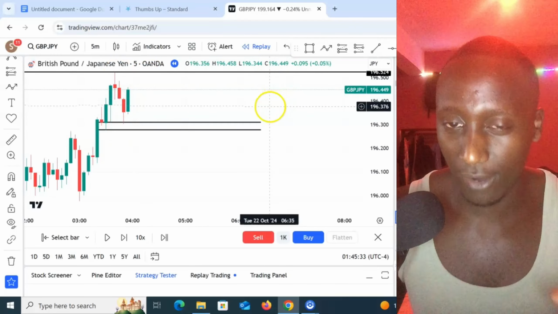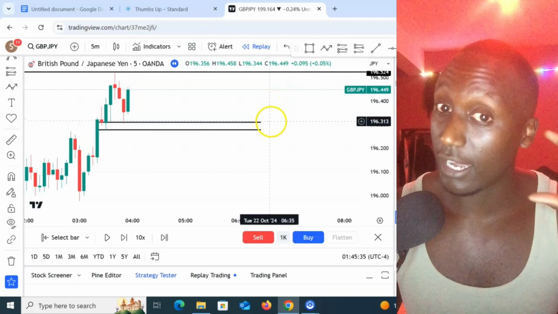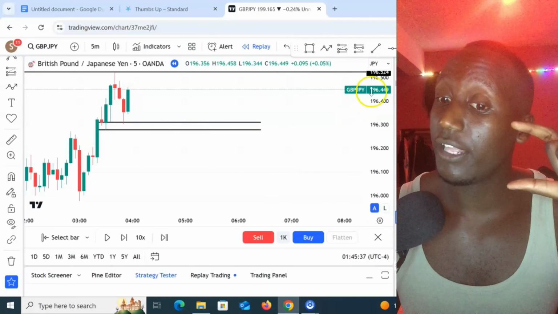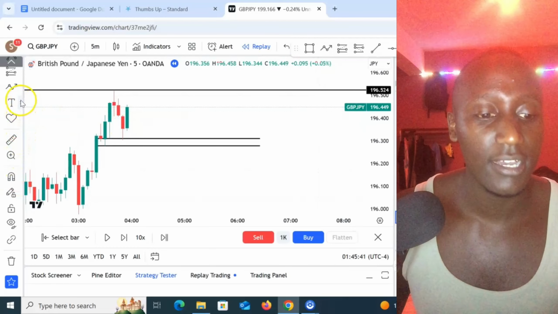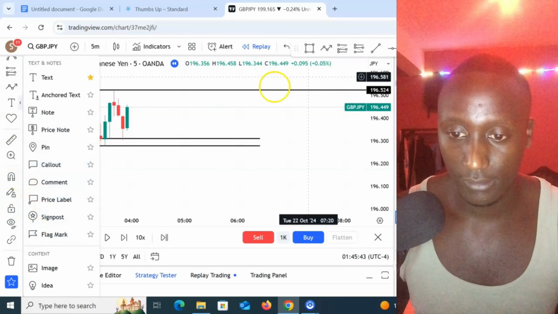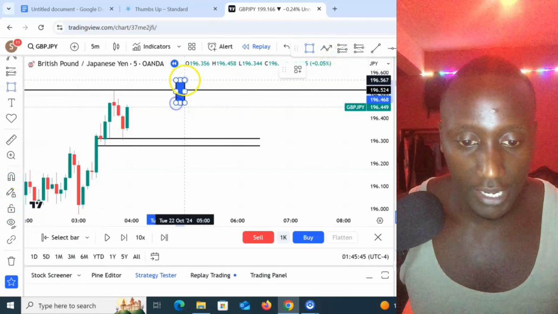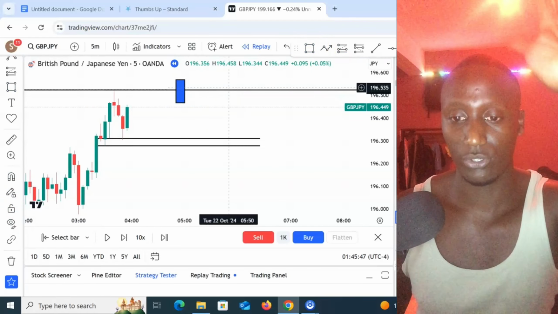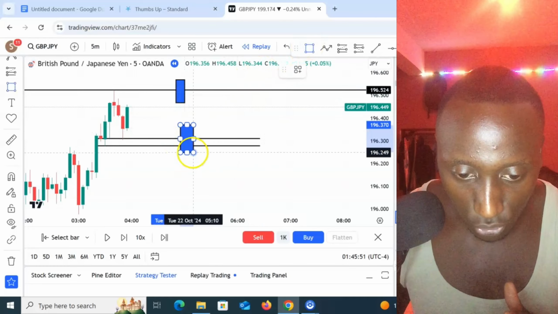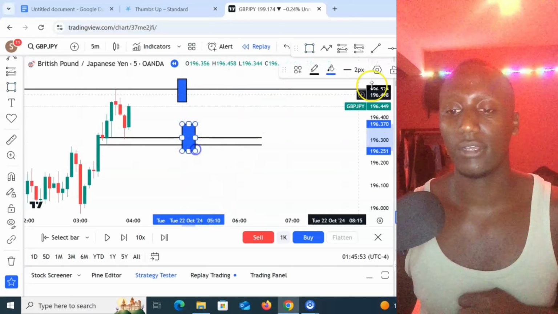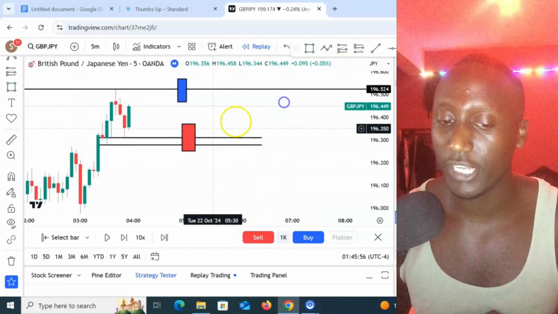Remember what we talked about at the beginning. Breakout. If we break out and close above a resistance, we are definitely going in that direction, to the upside. If we break and close below support, we are definitely going down.